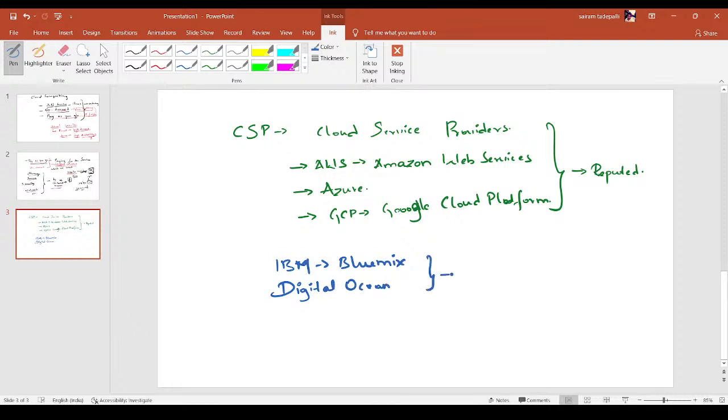So these two are rarely used. So forget about these two right now, and also forget about GCP right now, because we are not much into GCP currently. So do not worry about GCP, IBM Bluemix and DigitalOcean. Let's focus on AWS and Azure cloud computing platforms.